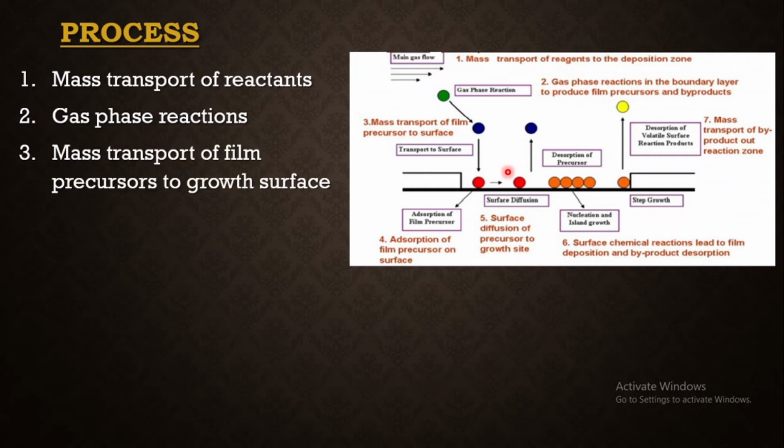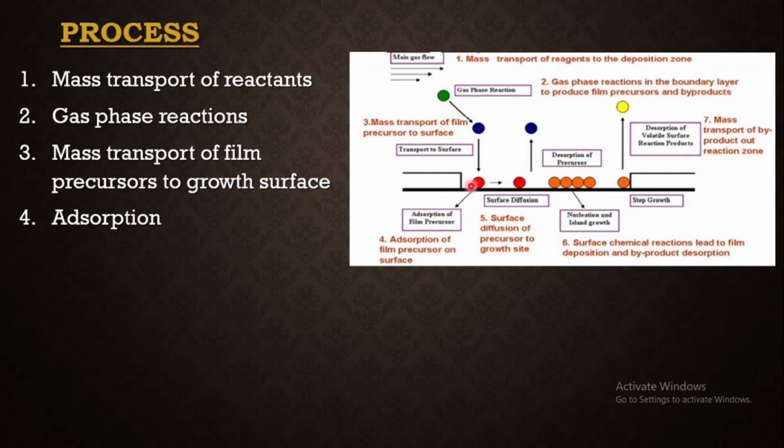Coming to the third step, that is mass transport of film precursors and reactants to the growth surface. So whatever reaction is taking place here, the reactants as well as the precursors will be transported towards the growth surface. Coming to the fourth process, it is the adsorption of film precursors and reactants on the growth surface.